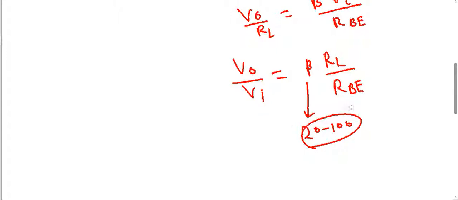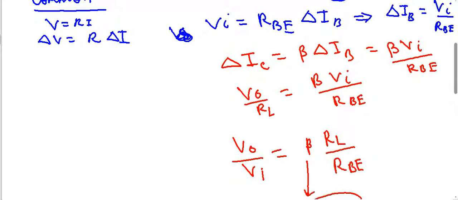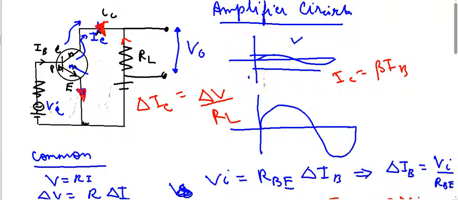So there is a big amount of amplification which has been done to this very weak signal. The amplification is at least about 20 to 100 times, multiplied by even more than this, RL divided by RBE.